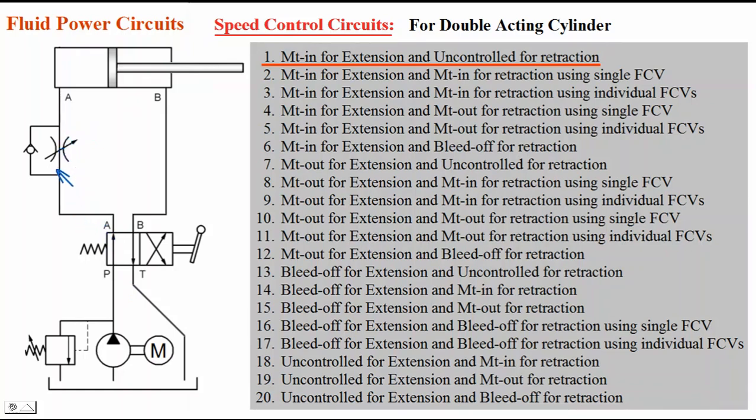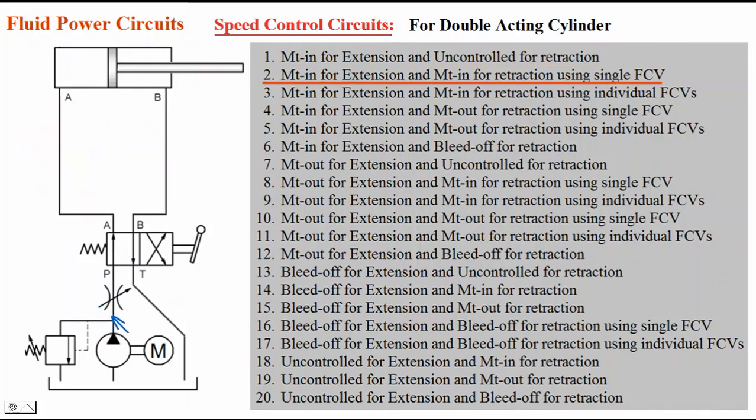It can't flow through this check valve. That's why this is meter in for extension. When I keep the lever in the second position, P to B, A to T connection is made, oil starts flowing to B, and the oil which is coming out from A will flow through this check valve. It is free flow, that's why the speed is not controlled. It is uncontrolled during retraction.